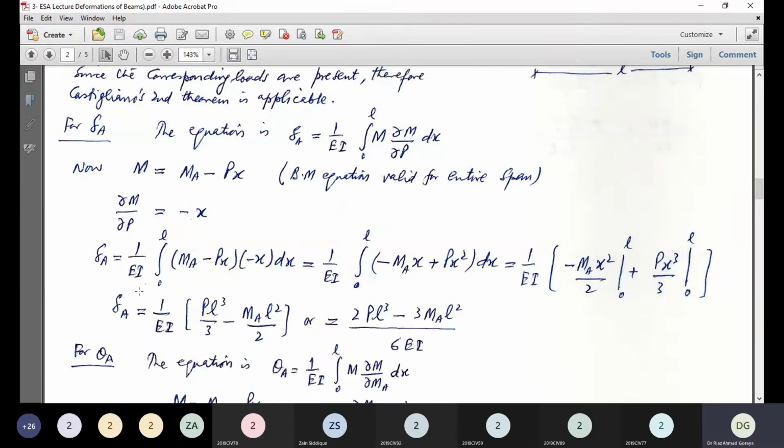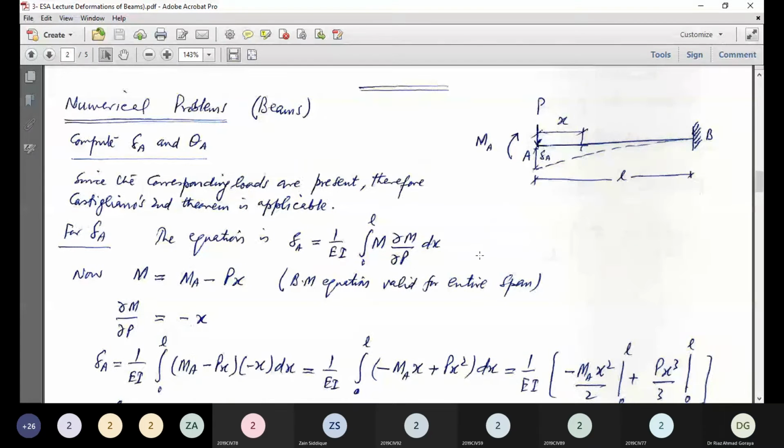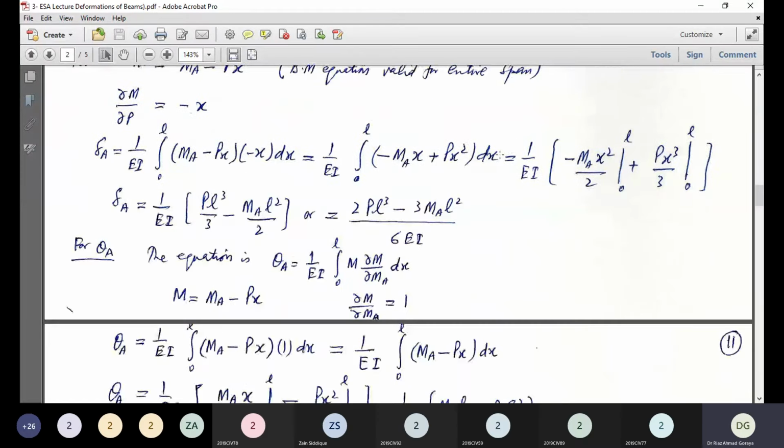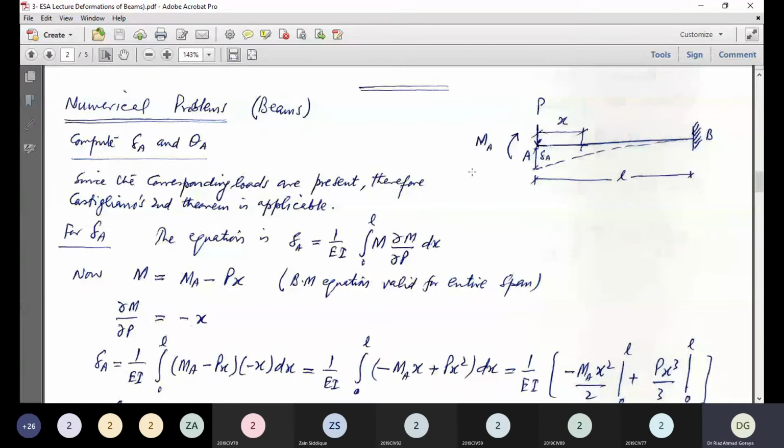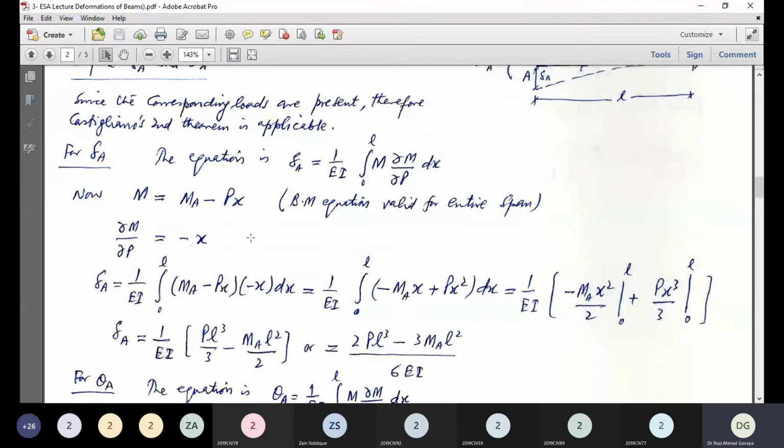अच्छा, now secondly, now how to compute theta A? Now as far as this M is concerned, this will remain the same.